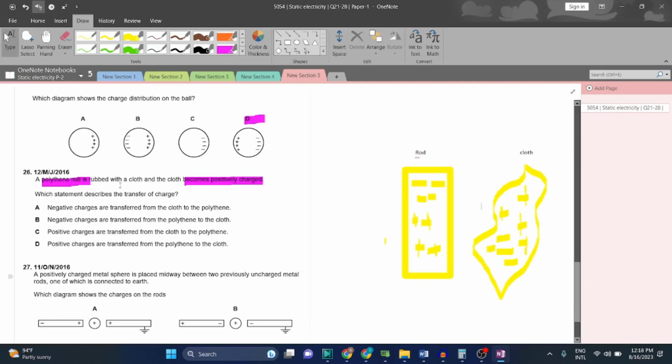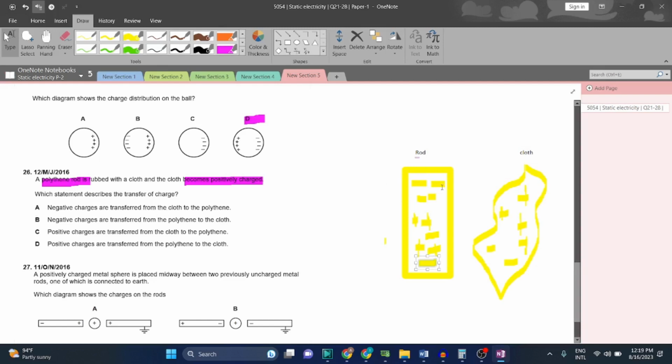Okay? So what they have told us is the polythene rod is rubbed with the cloth and the cloth becomes positively charged. For the cloth to become positively charged, it must lose its electrons. So if it has been rubbed, two electrons have been transferred to the rod. So let's see which answers coincide with the diagram.